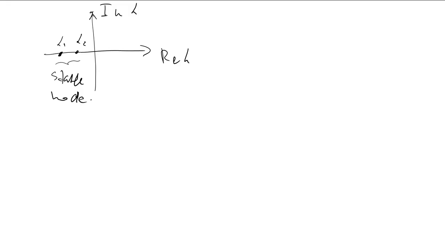And since lambda 1 and lambda 2 are functions of parameter c, when we change c, lambdas can change. And for example, there can be a case when lambda 2 becomes 0 and then changes its sign. And when this transition happens, lambda 2 crosses the origin, so here we have a saddle node bifurcation.